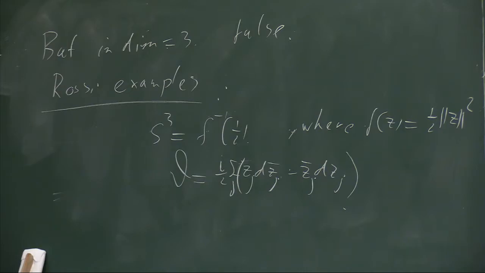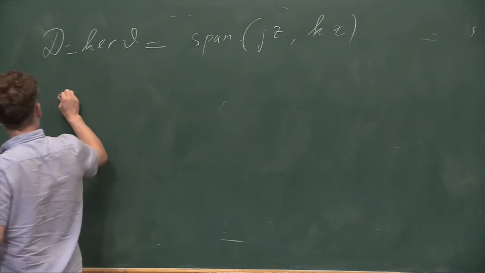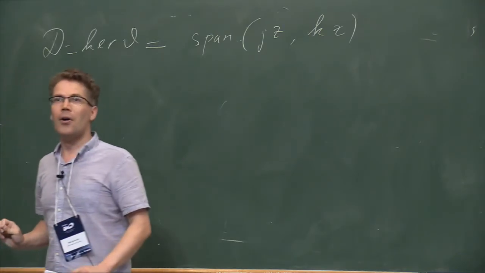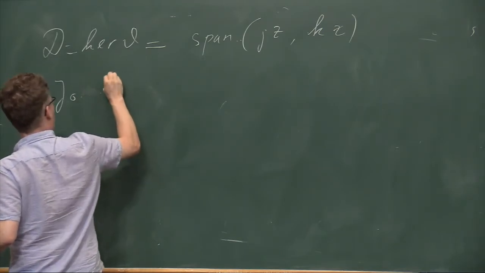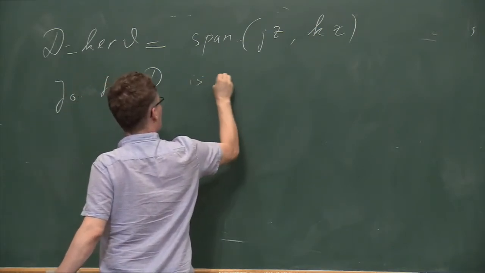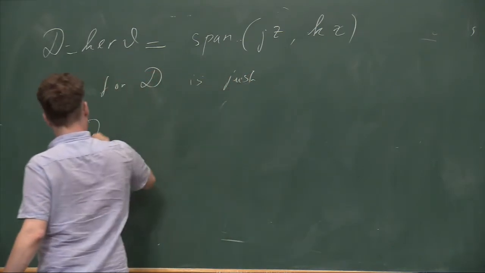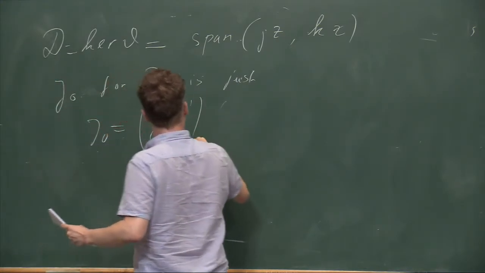Okay. So does this make sense? So the Reeb field would be i times z, and then j times z is one orthogonal direction, which lies in the contact structure, and k times z is another one. And then you could say, well, the standard complex structure, let's call it J0, for D, for this distribution, is just, okay, this matrix.